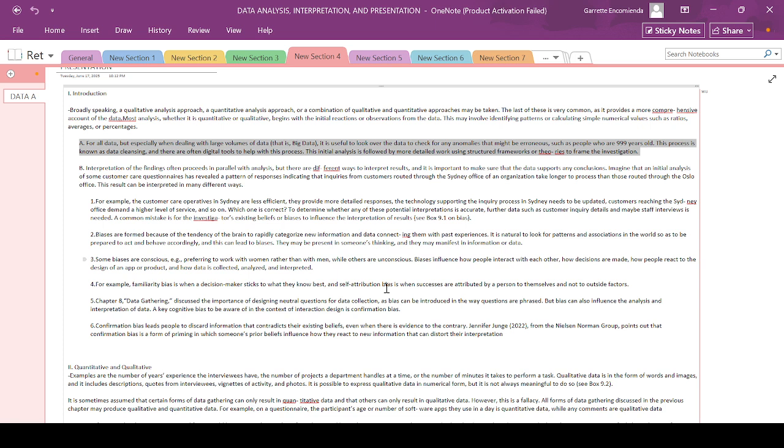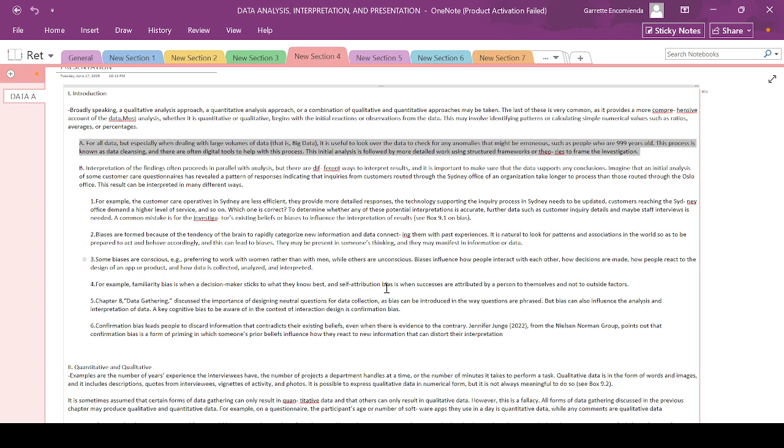So, bias, there's always bias, so that's what we call politics. But it's important that this tool, the reason why we use this tool, is to reduce those as much as possible. Further data such as customer inquiry details and maybe staff interviews is needed.